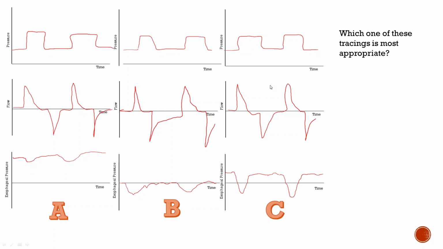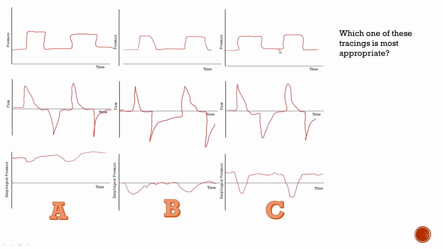So at the end of expiration, which is right about here, you want to see what your esophageal pressure is, and let's say this number is 7 or 10. You want to set your PEEP at that or slightly above that.